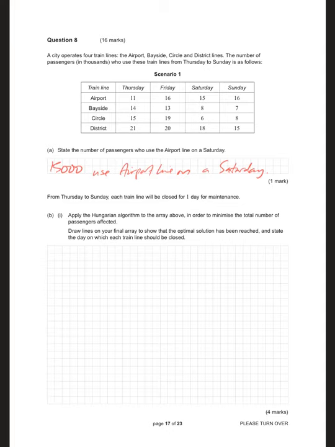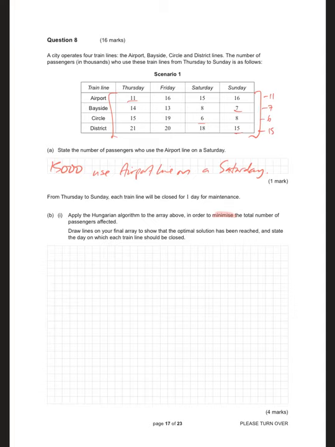Thursday to Sunday, each train line is closed 1 day for maintenance. Apply the Hungarian algorithm to minimize. You've got a matrix already drawn here, so use it for your first step. Smallest number 11, smallest number 7, smallest number 6, smallest number 15. Take 11, take 7, take 6, take 15.